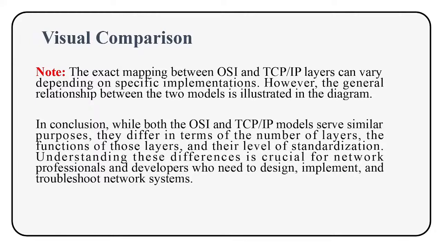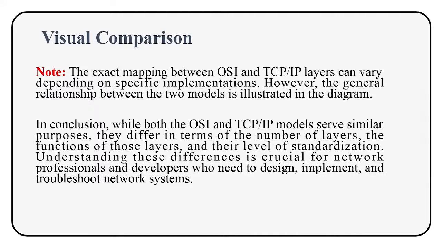If you go for the visual comparison, the exact mapping between the OSI and TCP/IP layers can vary depending on the specific implementations, because obviously there are 7 layers and 4 layers, so that is the major difference. There are many layers present in OSI which are not present in TCP/IP.